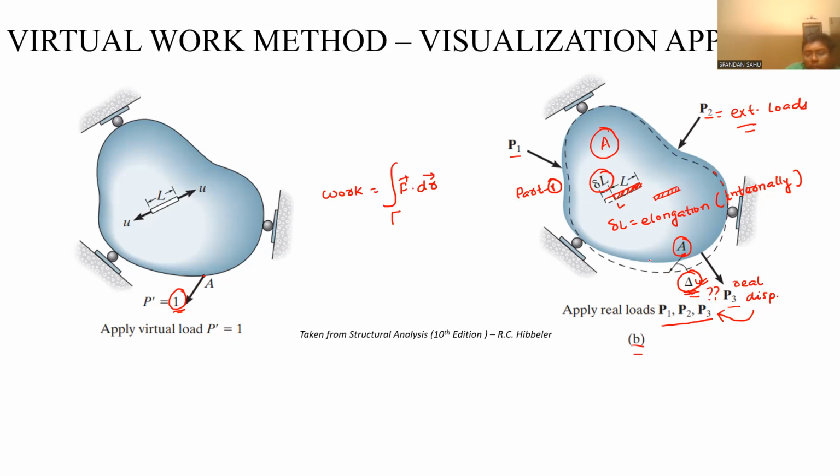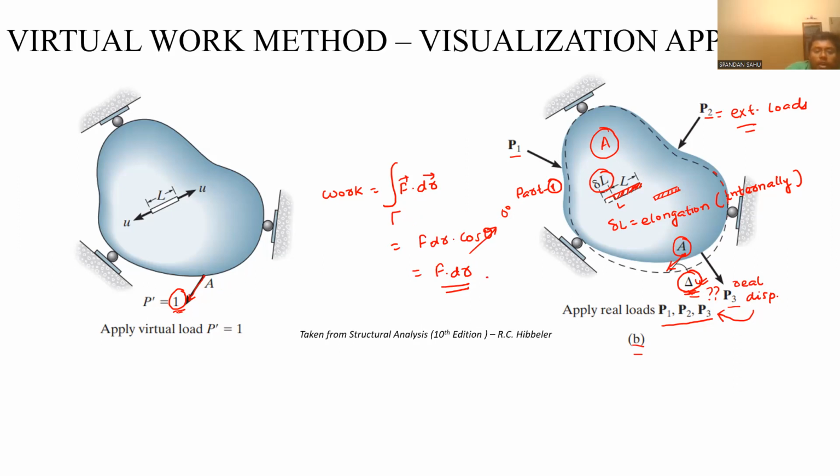The displacement is happening in this direction, and we have assumed the unit load also acts in the same direction, such that F dot dr, which you can write as F into dr into cos theta, and here theta is 0 degrees, so it becomes F dr. The work becomes F dr.